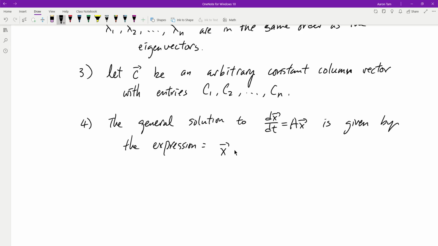Vector x is equal to, actually maybe I'll draw in this line. Vector x is equal to U lambda t vector c.